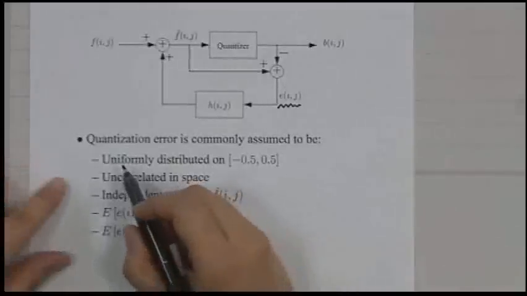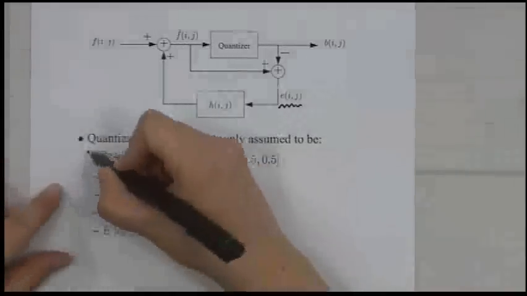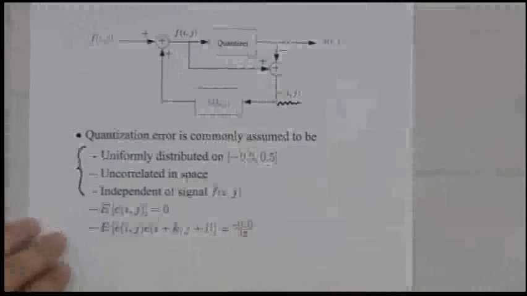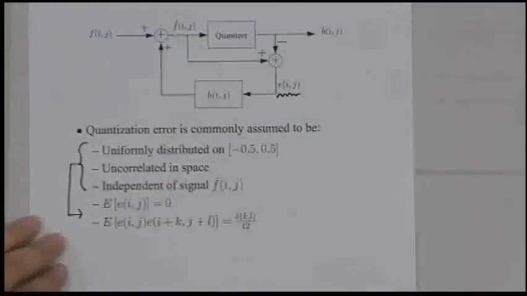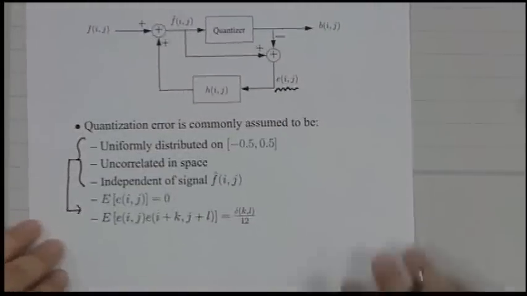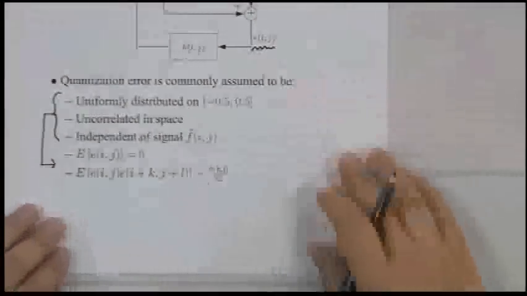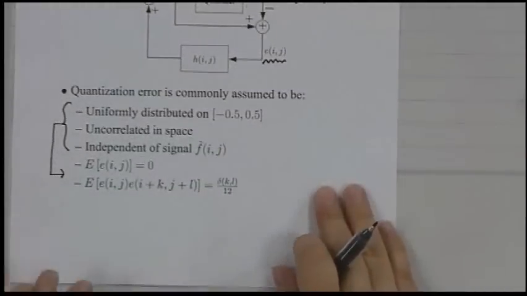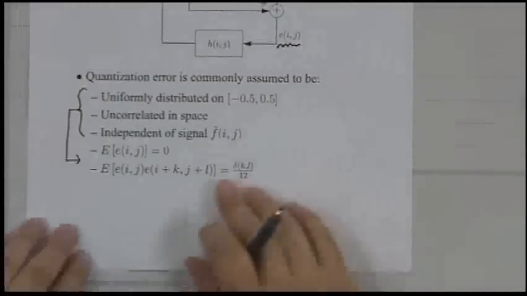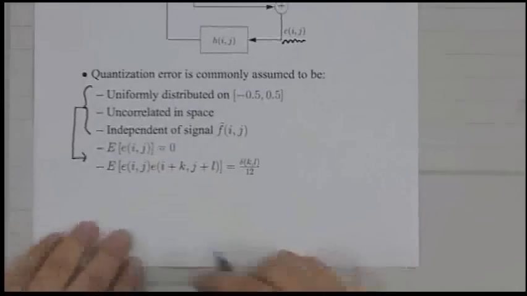If we assume these 3 components, we can derive this, and then we can say this quantization error is white noise. Let's derive this a little bit.